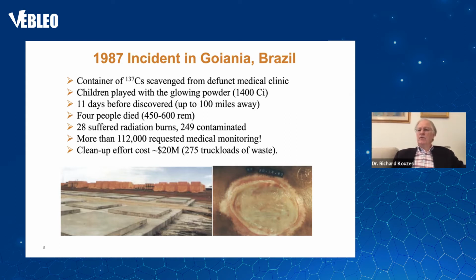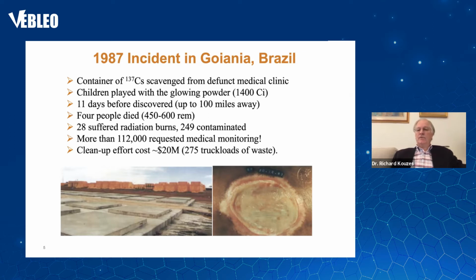The medical facility closed, and the very radioactive source of cesium was taken by a junkyard dealer back to his junkyard, and unfortunately he opened it up, and children played with this powder because it glowed in the dark. It took 11 days to discover this incident. And that occurred 100 miles away when somebody detected the radioactive contamination.